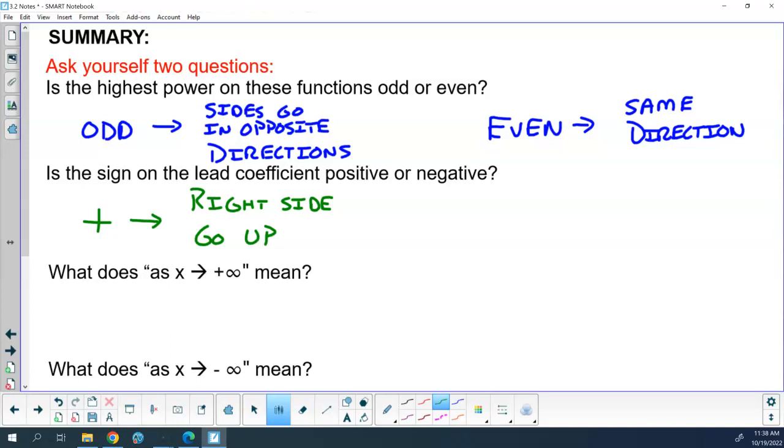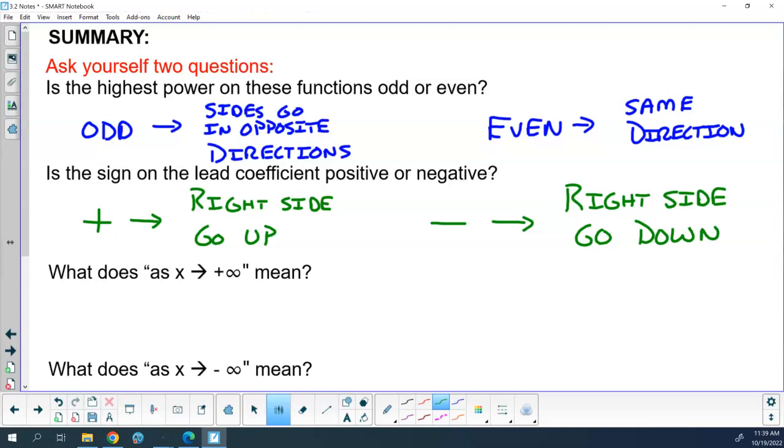If it's even, the left side will also go up. If it's odd, the left side will go down. If your lead coefficient is negative, then your right side will go down, and again, based upon the degree, that will determine what the left side is.